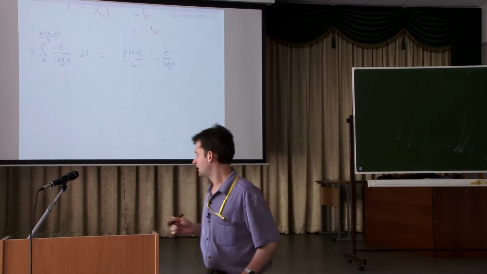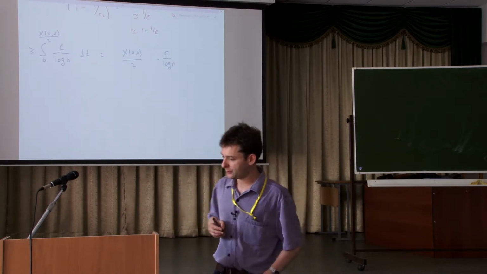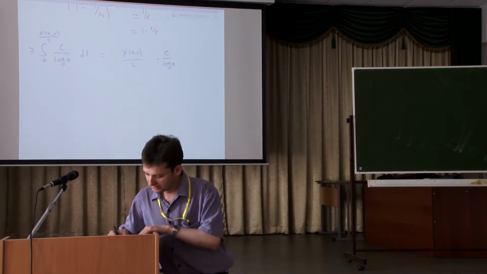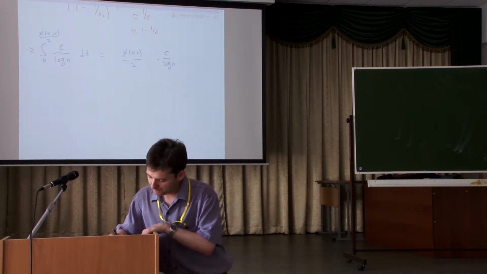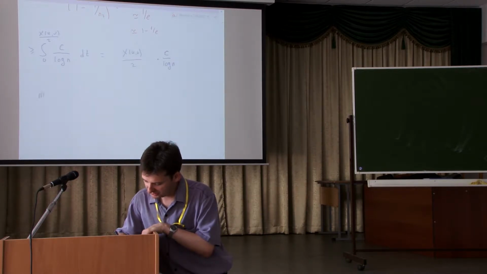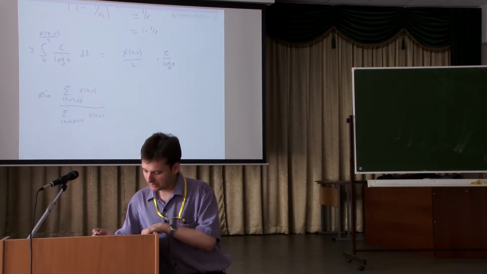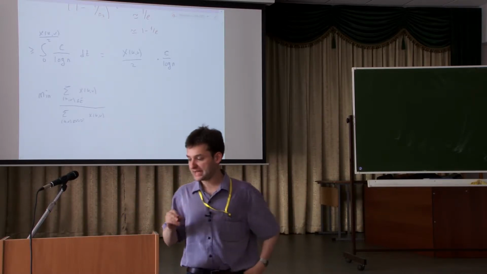So what happens with our LP when we embed our metric space into L1? The objective function, the sum of x_uv over all edges uv, over the sum of all pairs uv, may actually increase, right?